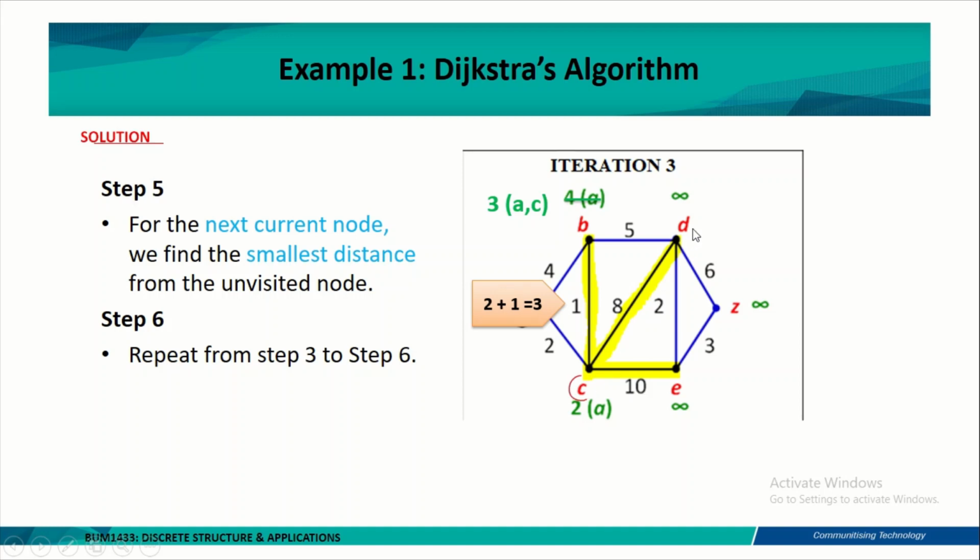So D is 10AC, and E is 12AC. We are already done with C, so for our next current node, we find the smallest distance among B, D, and E. The smallest distance is B, so our next current node is B.